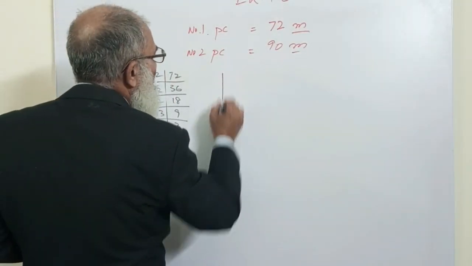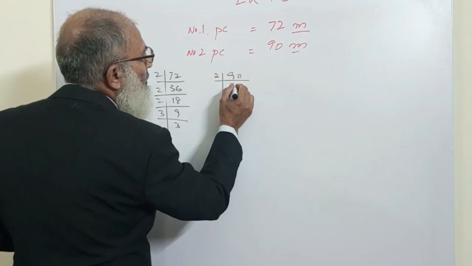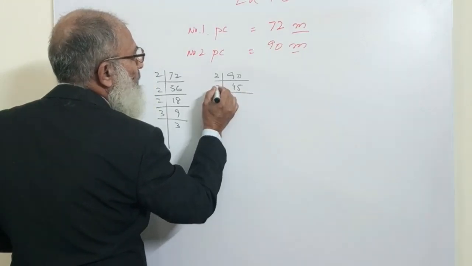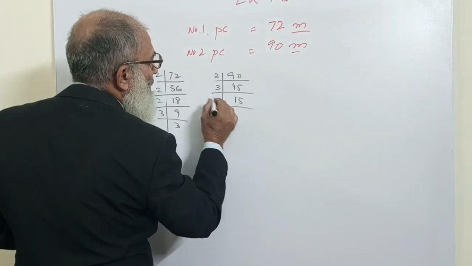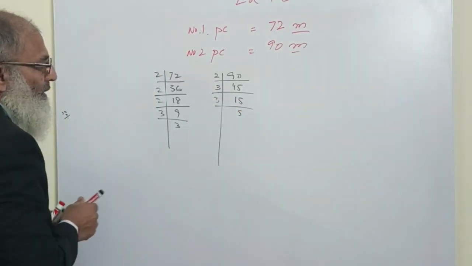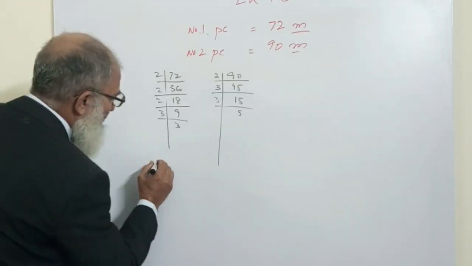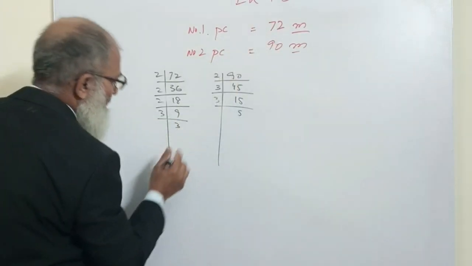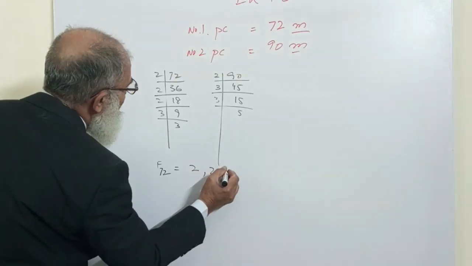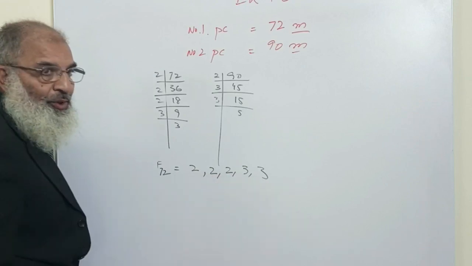And for 90 meters, again starting from 2, 45. Now 45 is not divisible by 2, but it is divisible by 3, 15, 3, 5. So what we get here is the factors of 72: 2, 2, 2, 3 and 3, that is three 2s and two 3s.